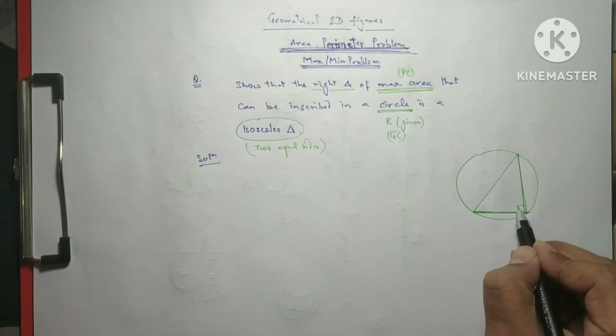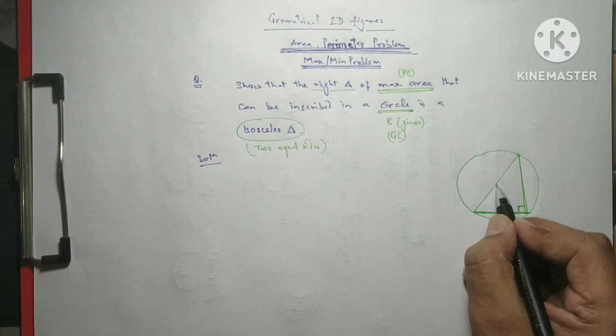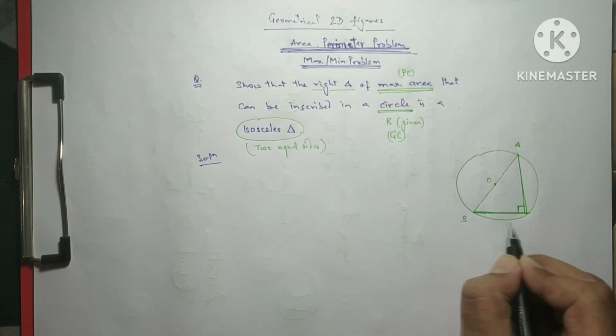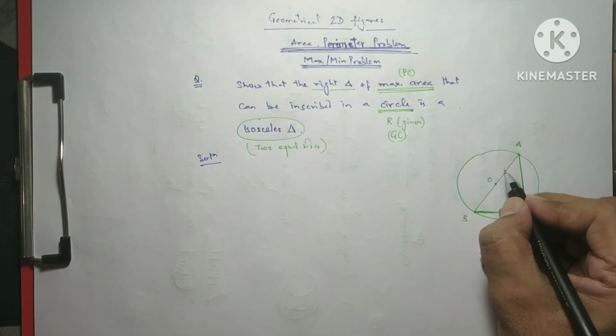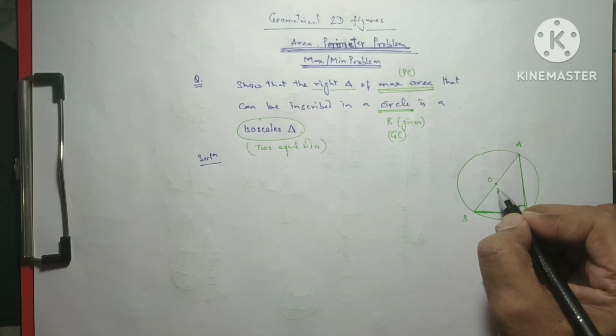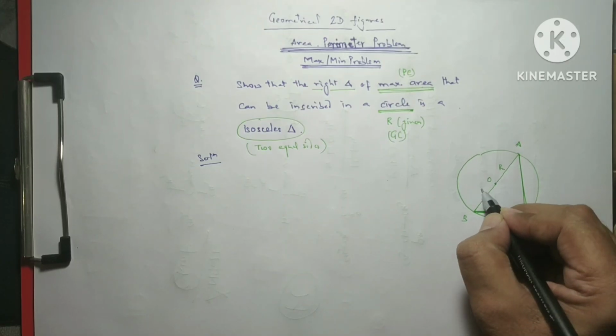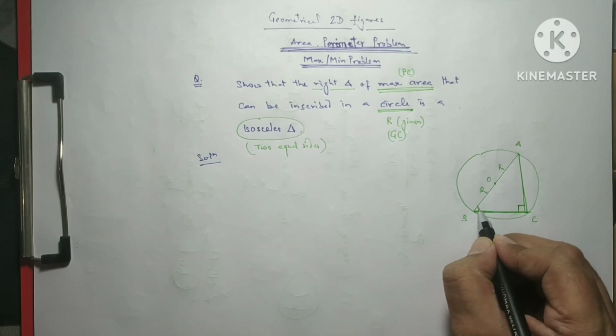So it is 90 degrees, and this is the center O. This is A, B and C. It is radius, so the diameter is 2r. AB is 2r. And let us consider this angle is theta.